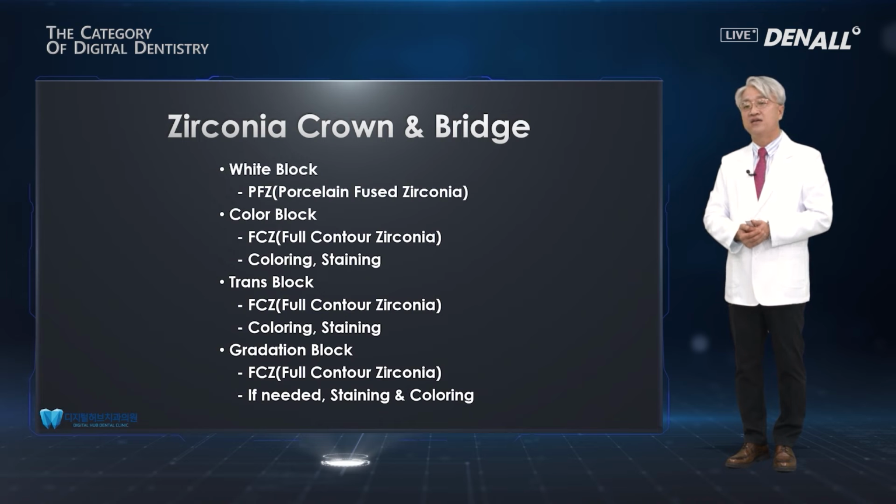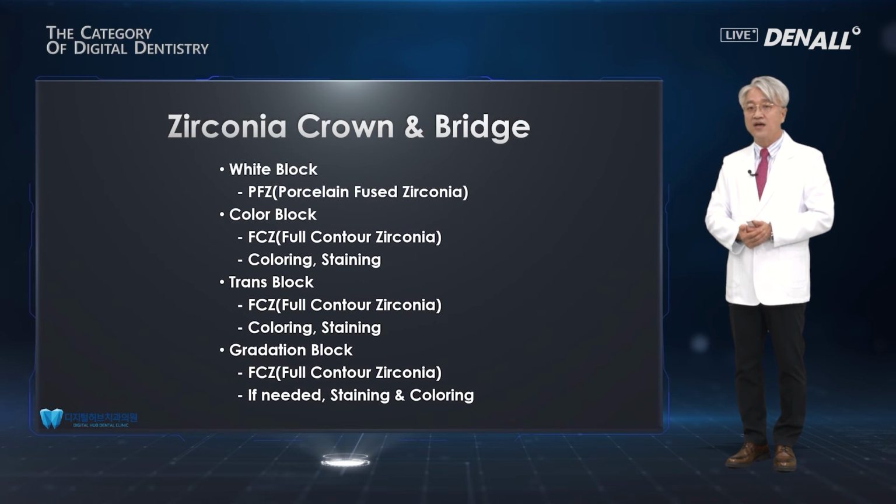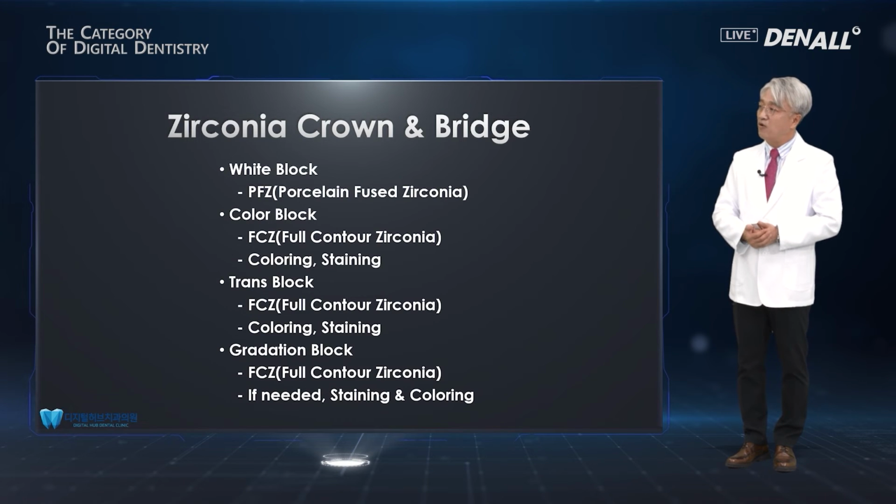It shined through in the gum also, and porcelain was used as a veneer. So it's still used a lot, but now better property zirconias are also developed, so those disadvantages do not exist anymore.